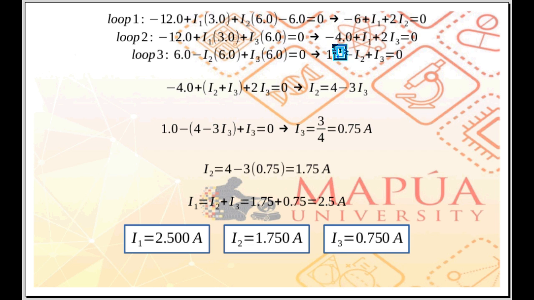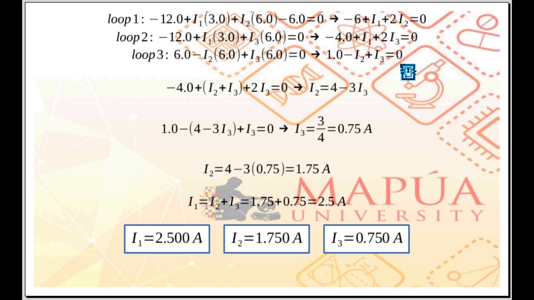Simplifying the loop 2 equation, we get negative 4 plus I1 plus 2I3 is equal to 0. And for loop number 3, simplifying the equation, we get 1 minus I2 plus I3 is equal to 0.